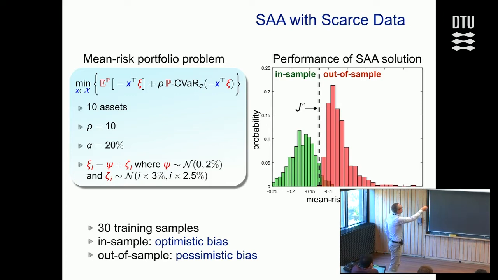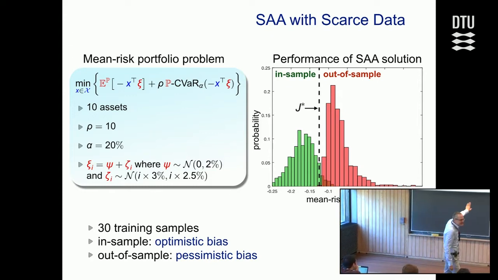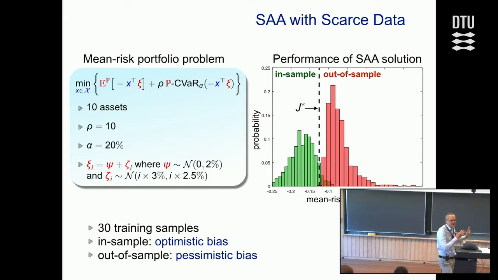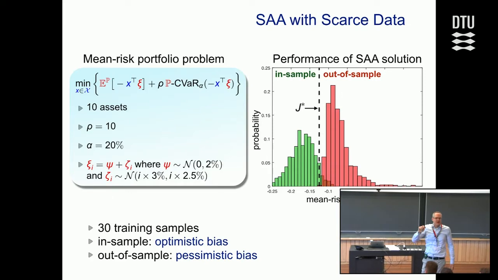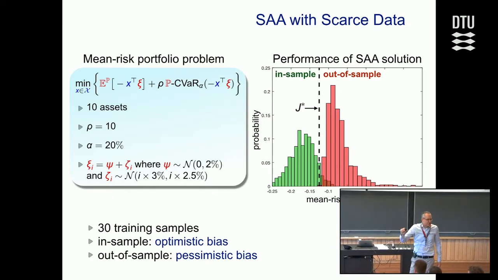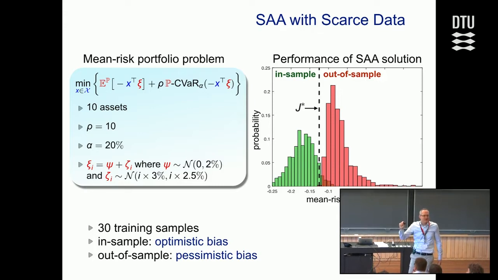And the optimal value, J star, would be here, the vertical dashed line. What you see is that the green histogram is mostly to the left of the dashed line. That means the SAA problem underestimates the risk of your portfolio. It's too optimistic. That's exactly the optimizer's curse that we discussed before. Okay?